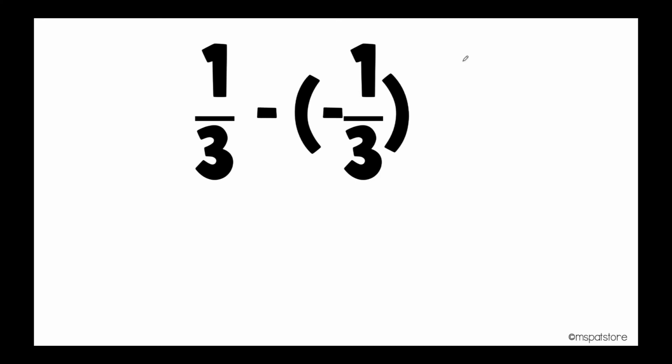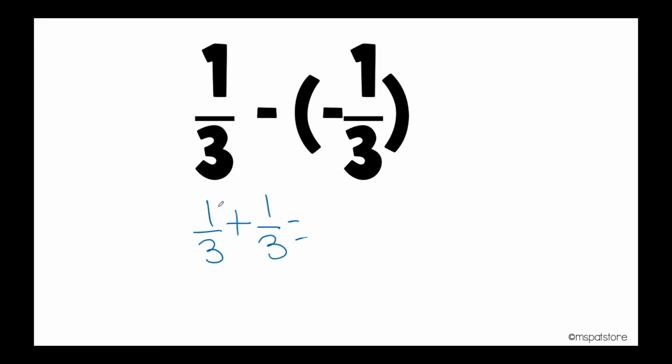Remember, add the opposite of the second rational number. All right, so let's do 1/3 plus the opposite of negative 1/3, which is positive 1/3. Now I'm going to add their absolute values because they have the same sign.